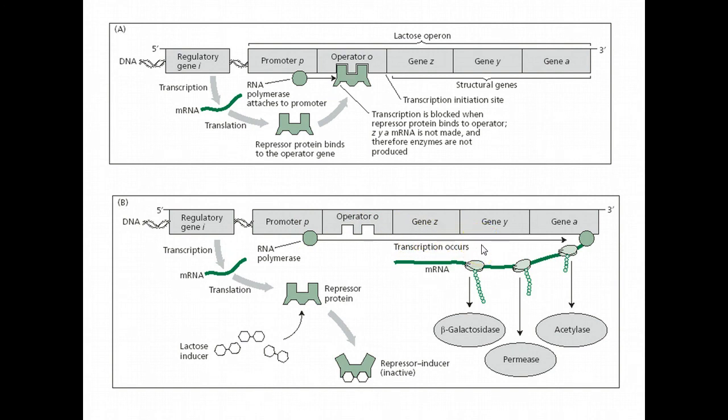And the RNA that is made is the three genes that the bacterial cell needs to metabolize lactose. Okay, isn't that cool? This is the first one ever identified, the first gene regulation system that was ever identified.